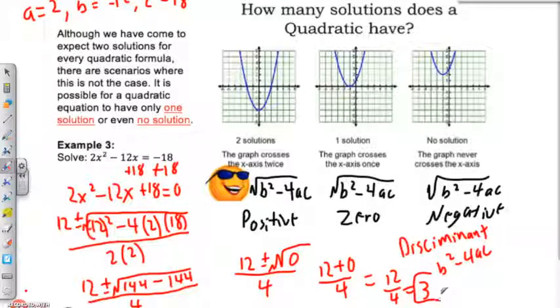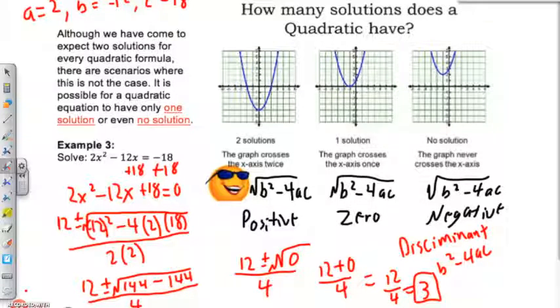So we can see that we end up with just the one solution instead of 2 solutions. So this would be a graph where it comes down and it touches the x-axis in exactly one place and does not cross at multiple points like the previous 2 problems.